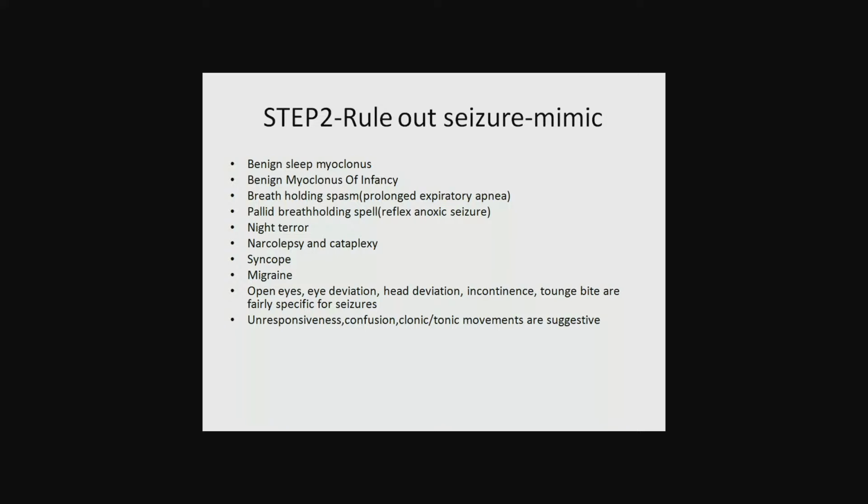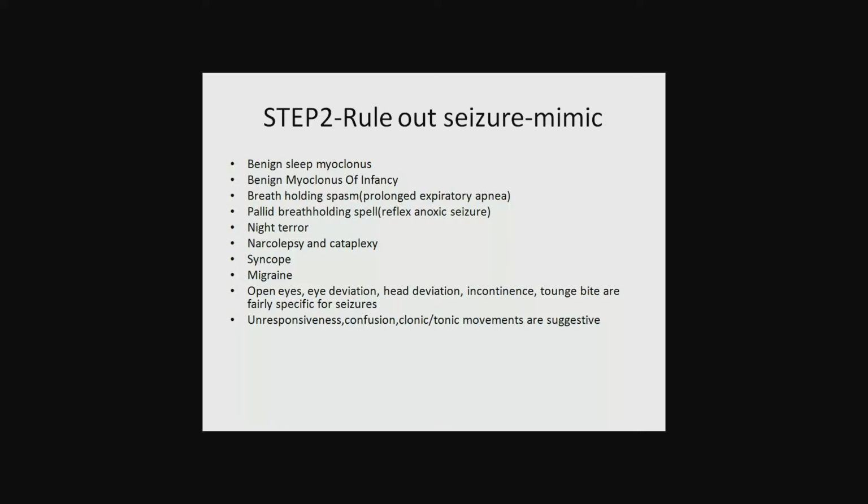After taking clinical history and doing general examination, one should rule out whether it is a seizure mimic. I have told you, seizure mimics are clinical events which look like seizures, but they actually are not seizures, and patients are erroneously diagnosed as seizure and put on multiple anti-epileptic drugs with their side effects, and it is not effective at all. So there are certain seizure mimics which we see in clinical practice which look like seizures.